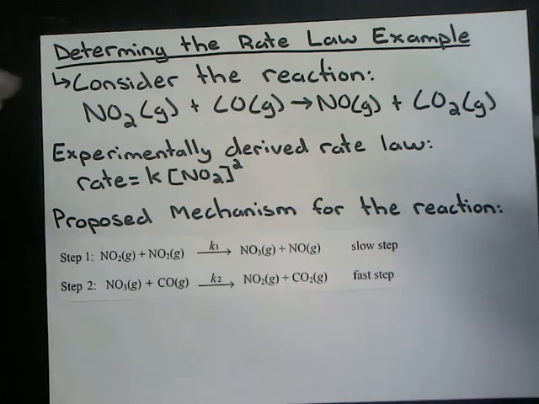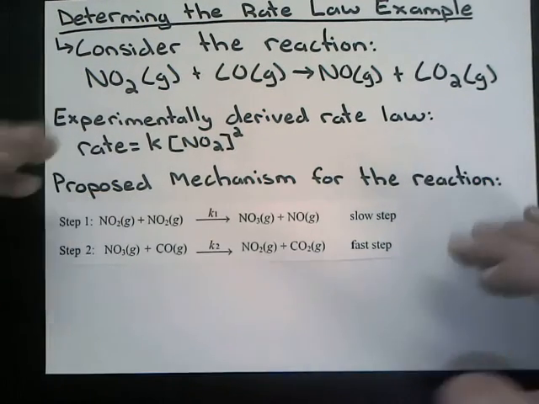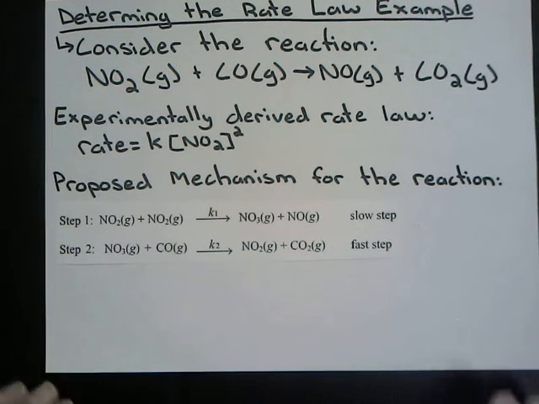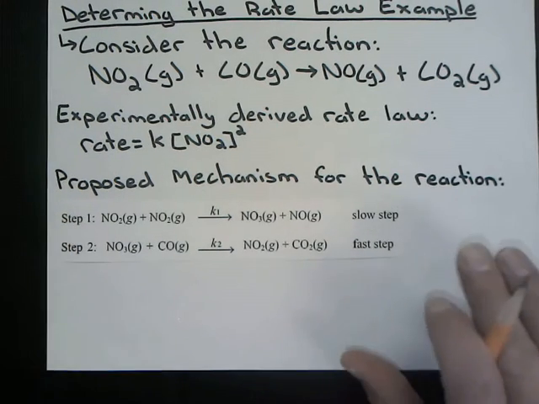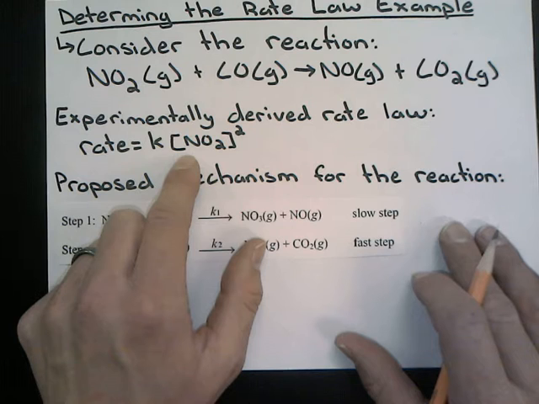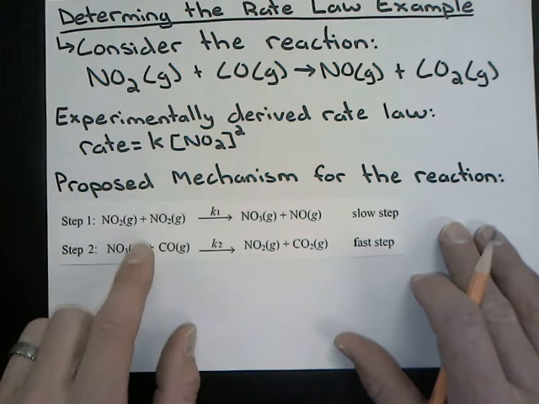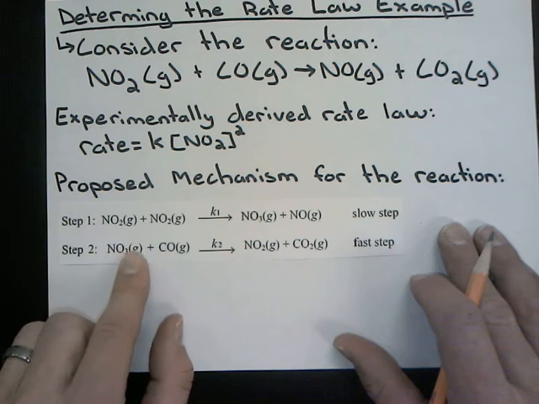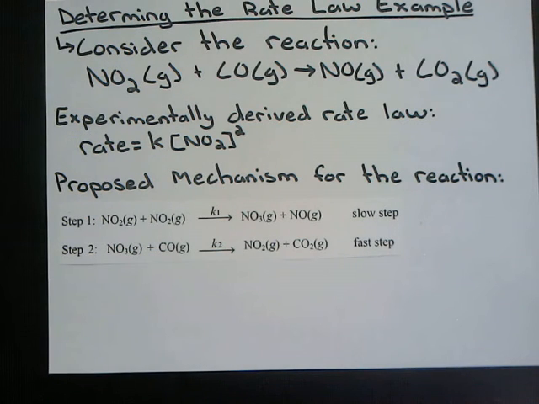Now, this will always be given to you in these types of problems, and it's almost like a proof in geometry class, where some scientists said, to get an experimental rate law like we have here, maybe this reaction in step 1 and this reaction in step 2 occur, and maybe we can determine what is happening.